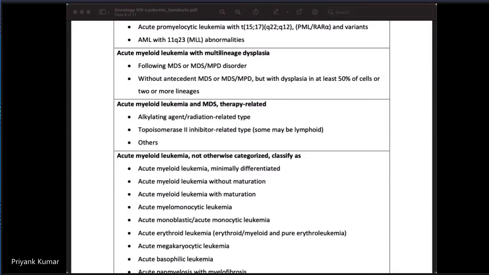Topo 2. So what happens? DNA at the time of replication, right? A DNA replication fork is made. When the replication is happening, the unwinding of the strand is happening, right?